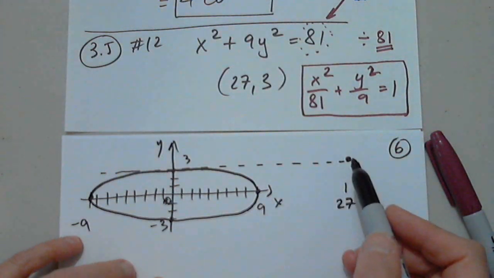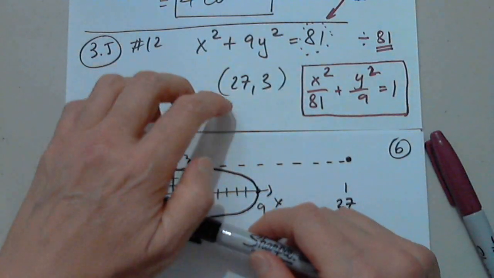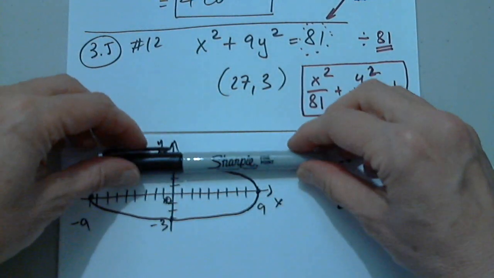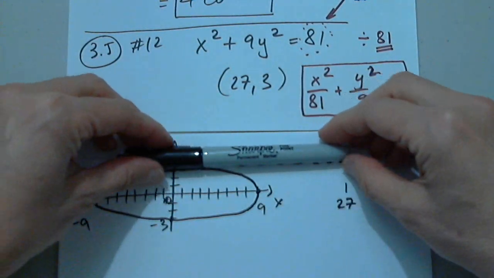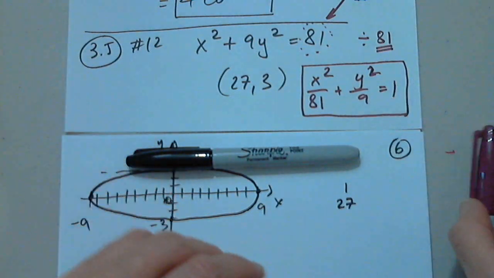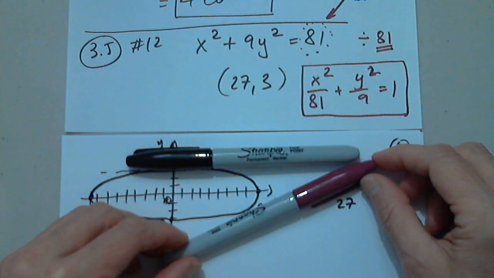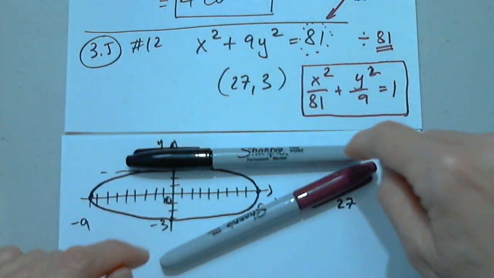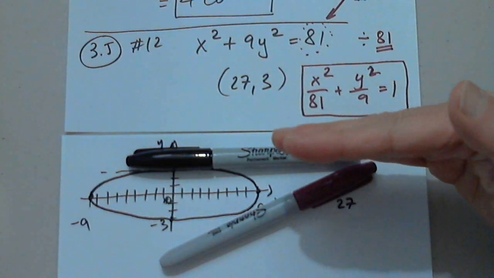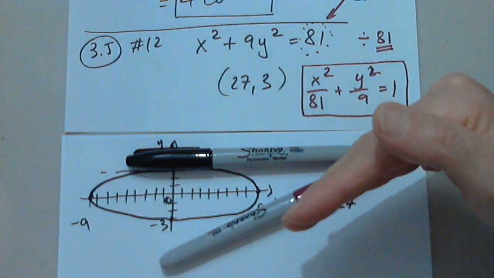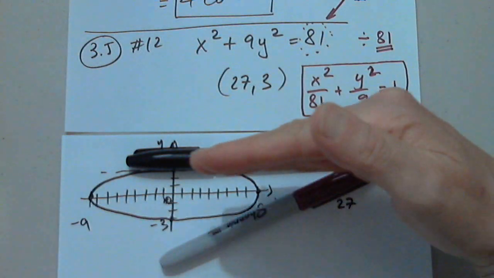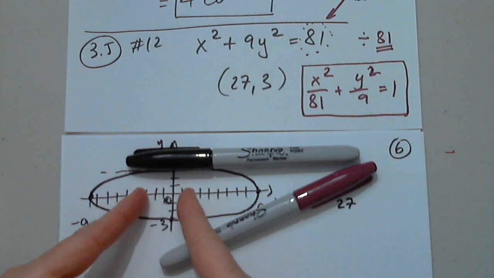So we are asked to find the equations of two lines that pass through this point, 27, 3, and both lines are tangent to the ellipse.